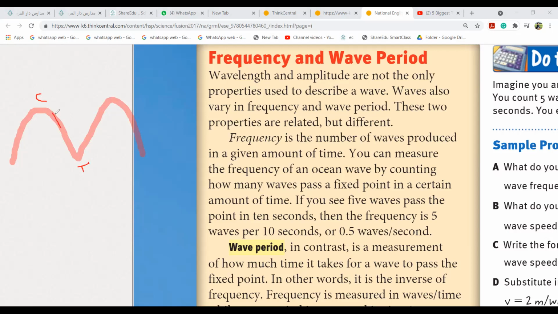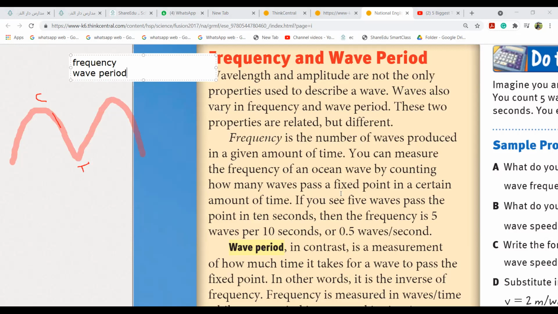But we also have something else, which is called frequency, and we have wave period. So totally we are talking about many properties: wavelength, wave amplitude, frequency, wave period.